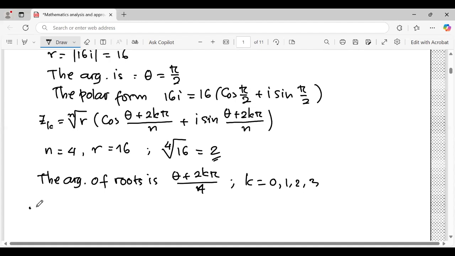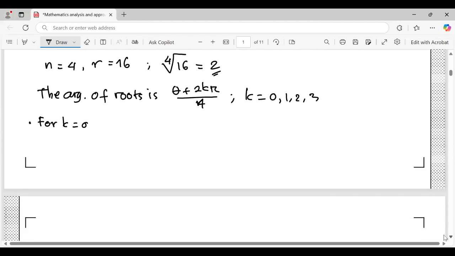Now let's start with k equals 0. For k equals 0, we can find z1.